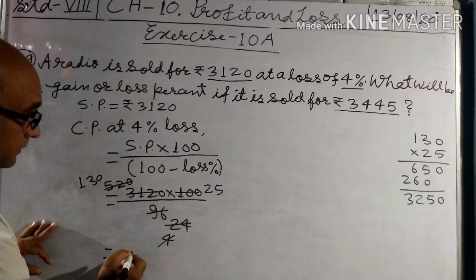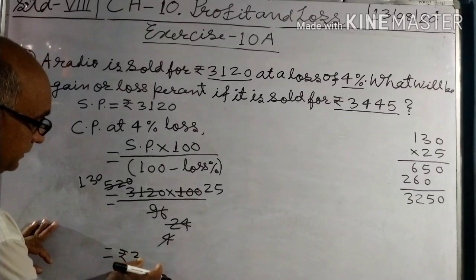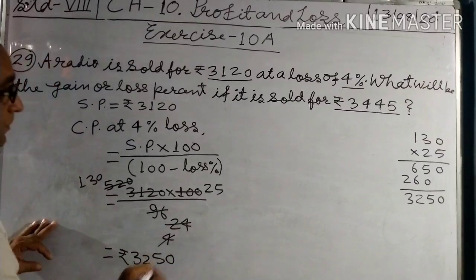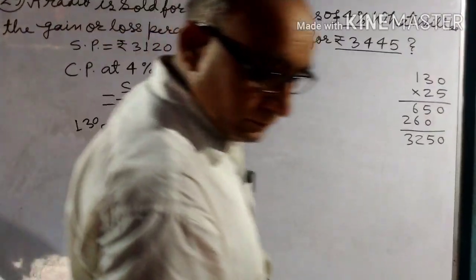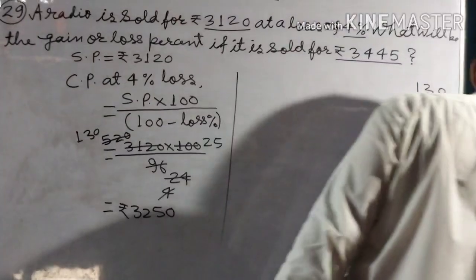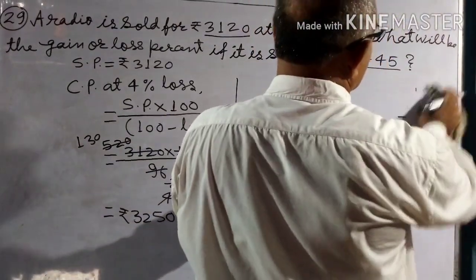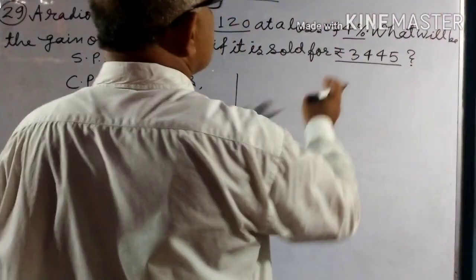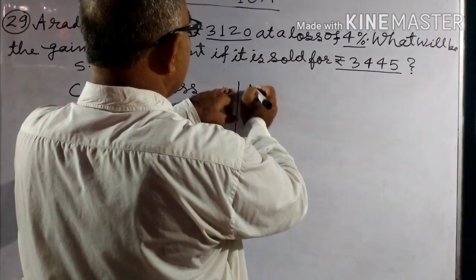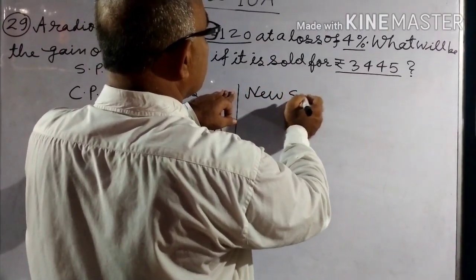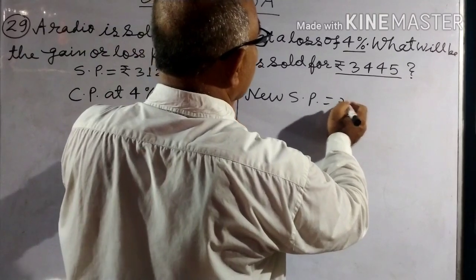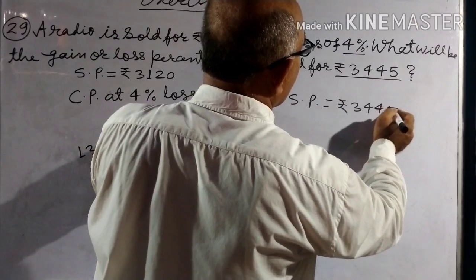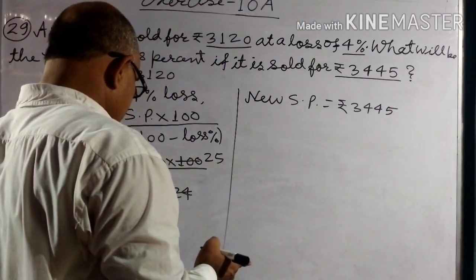Equals rupees 3250, CP. Now find SP. Given new SP is rupees 3445 and CP 3250.